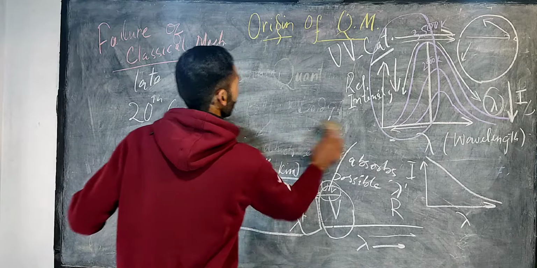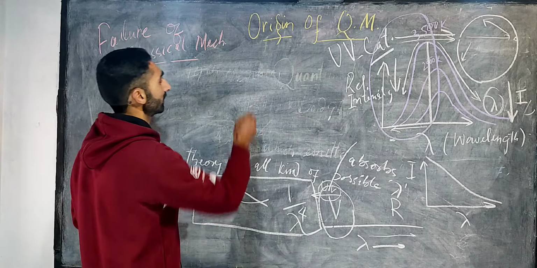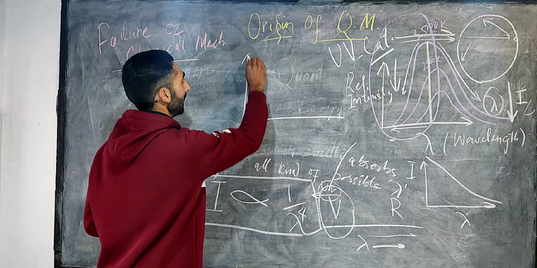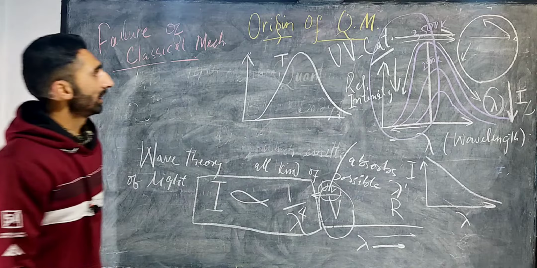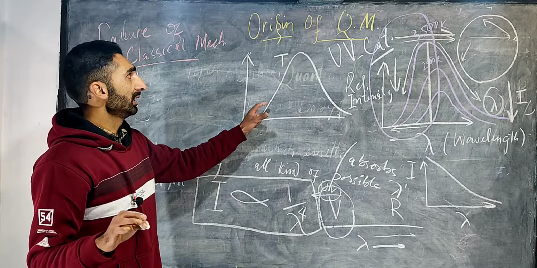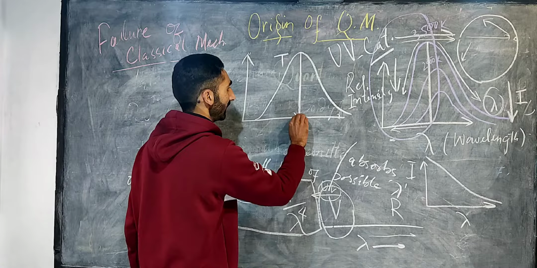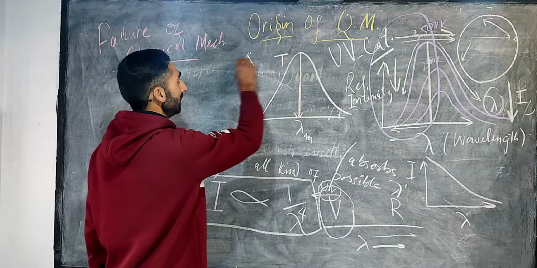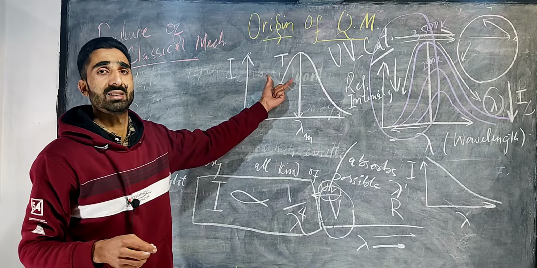Wien said that if we draw this diagram like this, for a particular temperature T of the black body, we will get a maximum intensity at a particular wavelength, lambda. We will get a maximum peak in the intensity for a particular wavelength at a particular specific temperature.